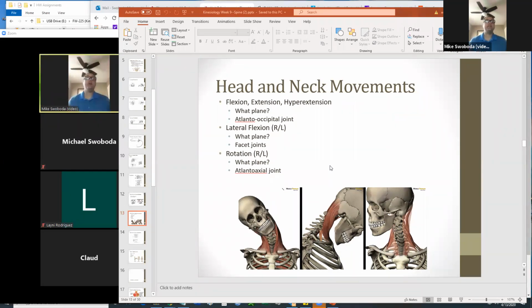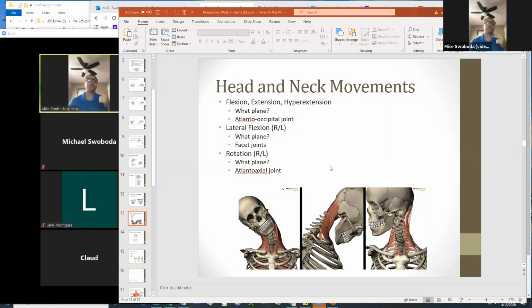All you're going to say is you have right lateral flexion. That means I am laterally flexing to my right side. You can also call this side bending. And I have right and left rotation, so I'm just rotating to my right or left side. You have these same movements for all 3 segments.